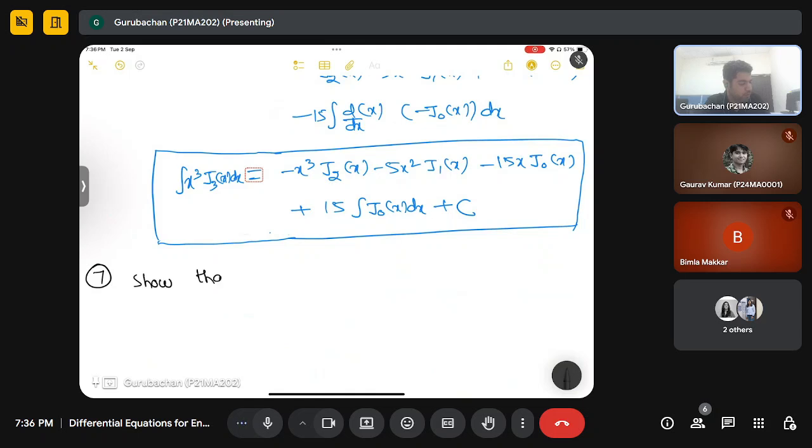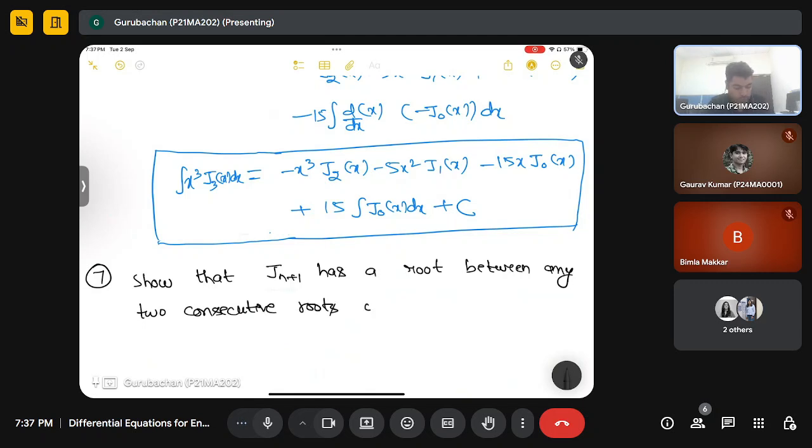Show that J(n+1) has a root between any two consecutive roots, or in fact consecutive positive roots of Jn around x equal to 0.